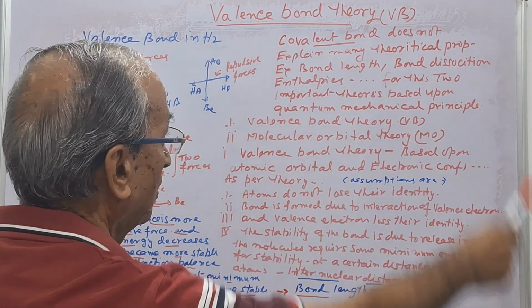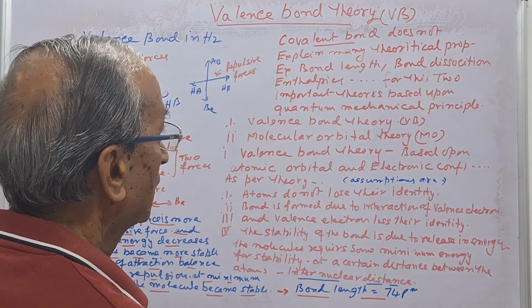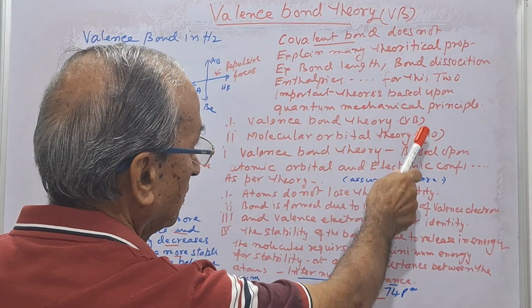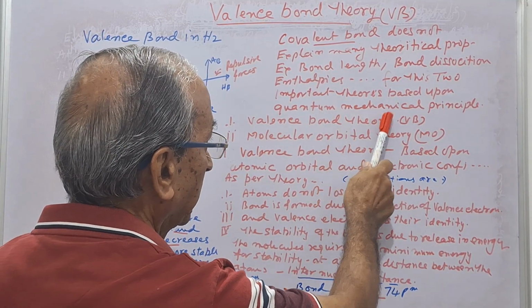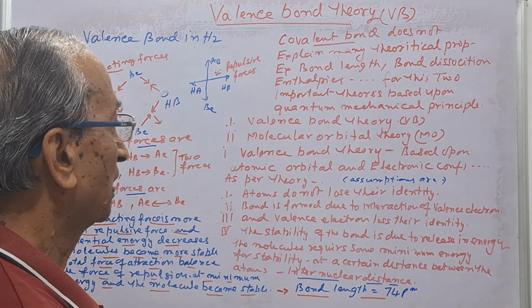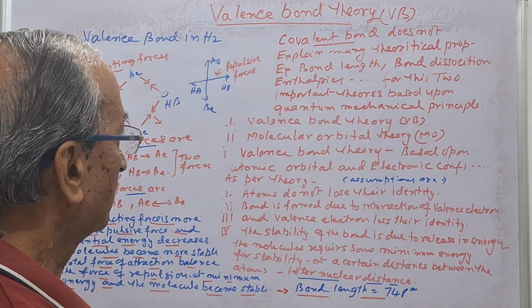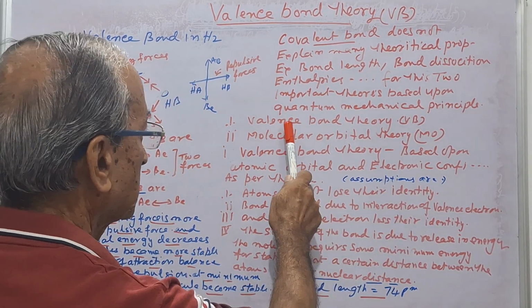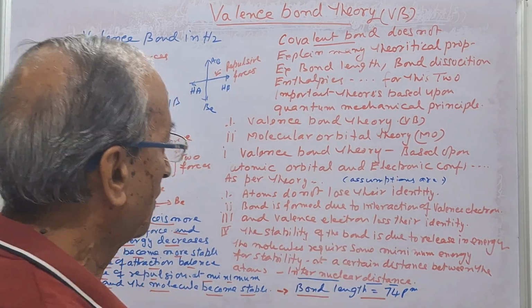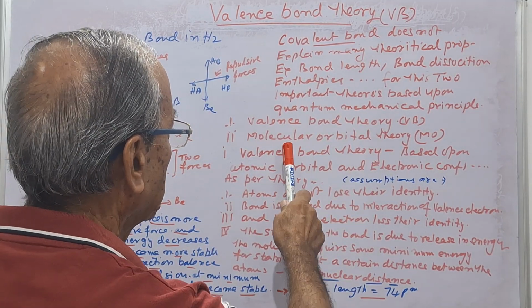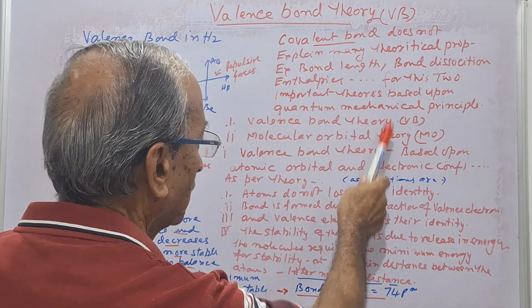So to explain all these things, two important theories based upon quantum mechanical principles were given. One is valence bond theory and the other is molecular orbital theory.